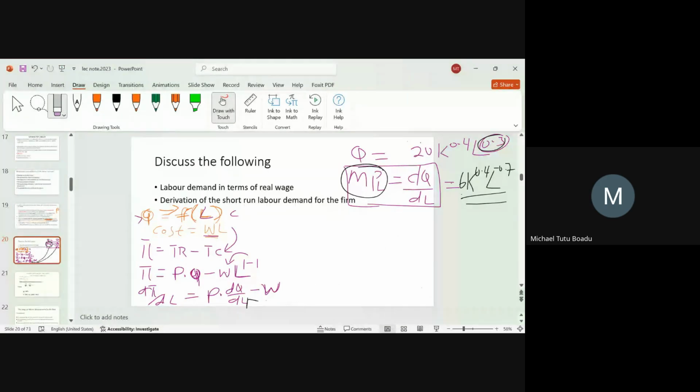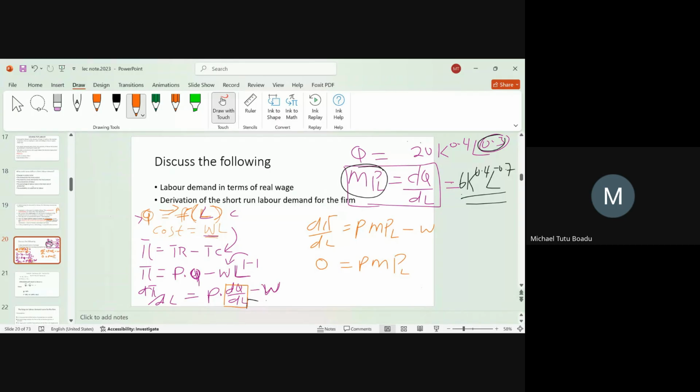So the marginal product, we can replace this with the marginal product of labor. So that change in profits over change in labor is equal to P times marginal product of labor minus W. Anytime you differentiate, it is set to 0. It's equal to P MPL.